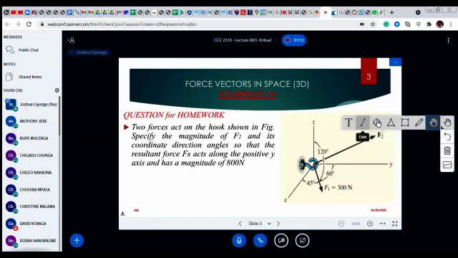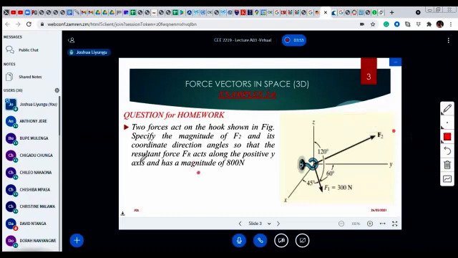I would say first we are looking for the force F2, and we are also looking for the direction angles, which are alpha, beta, and gamma. These are the four things that we are looking for.